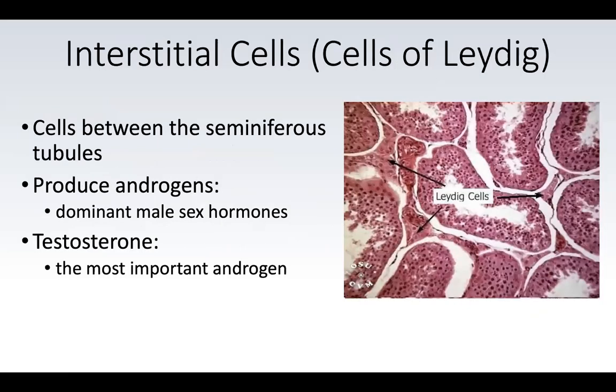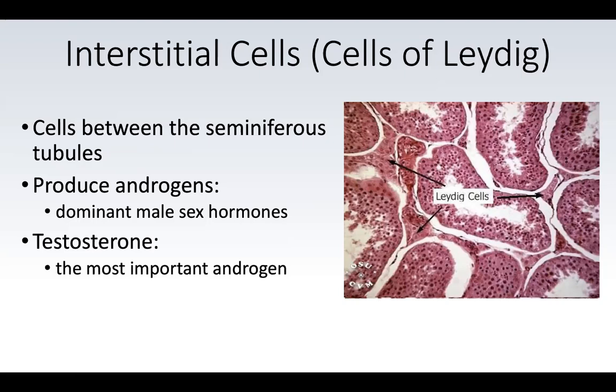Now, this is a histology slide of the testes. Here's a seminiferous tubule. Here's a seminiferous tubule. What you're seeing here and here, surrounding the lumen of the seminiferous tubule, are immature sperm cells trying to go through spermatogenesis.